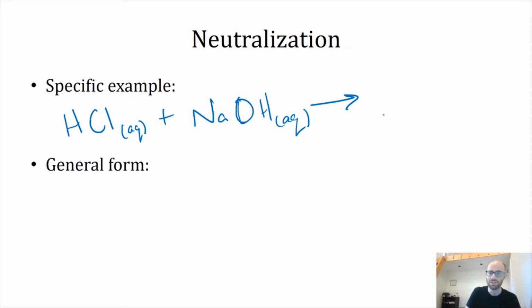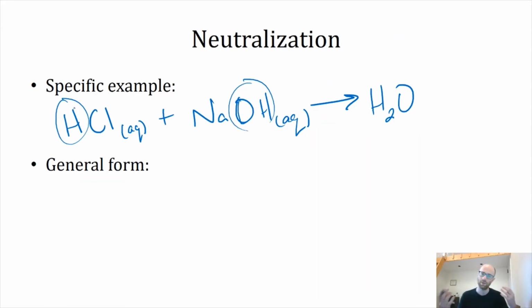One of our products is going to be water, and that's when the OH from the base and the H from the acid, the OH minus, the H plus come together, HOH, H2O. And then the other product that is left over is you should get sodium chloride aqueous.